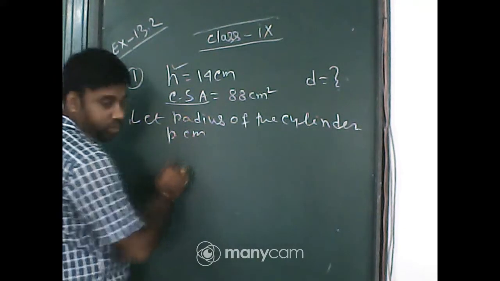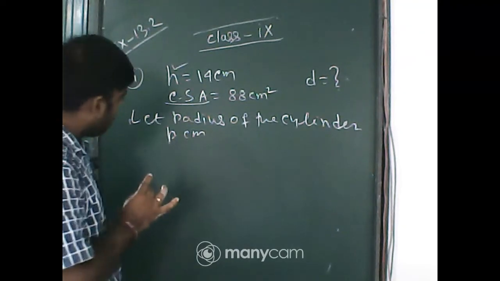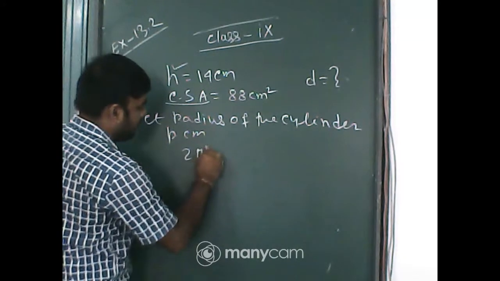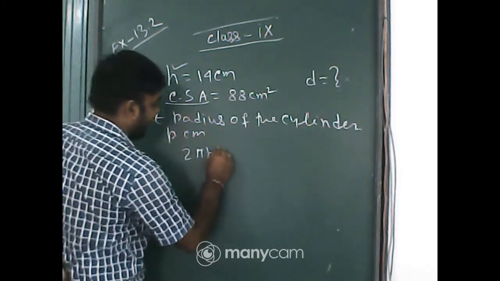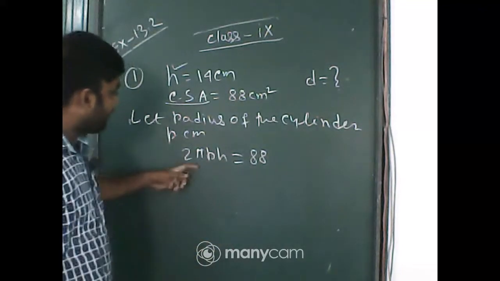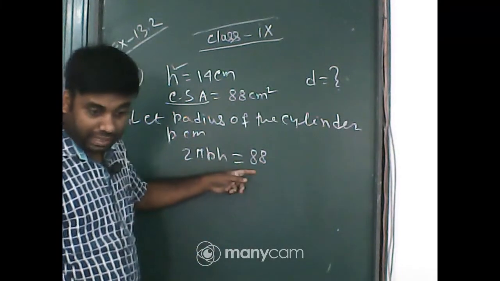The curved surface area formula is 2 pi r h, and that equals 88 centimeter square.